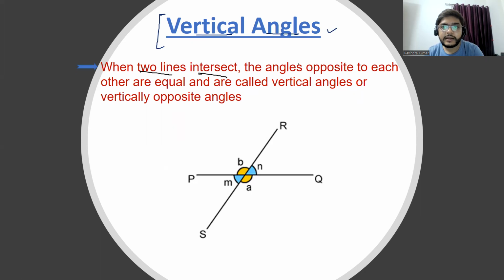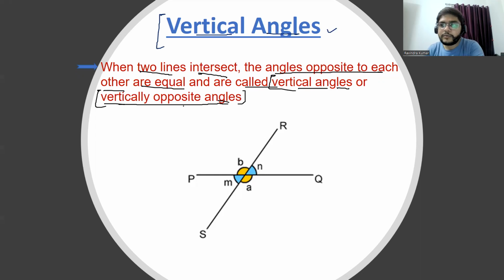When two lines intersect, the angles opposite to each other are equal and are called vertical angles, or vertically opposite angles. This name is often used, vertically opposite angles, right? So you have to keep in mind, vertical angles and vertically opposite angles are absolutely the same thing.